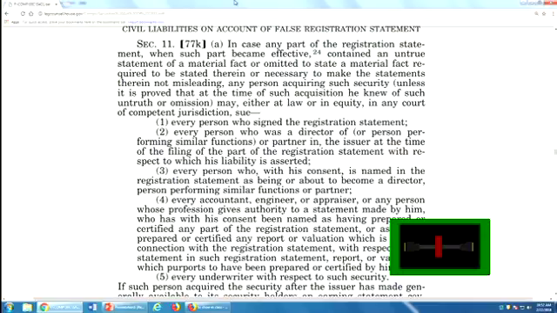Great. So Yuchen says maybe the rationale is that we just want Section 11 limited to misstatements made on the registration statement. But liability for misstatements made on the registration statement is not the only basis for civil liability under the securities laws.